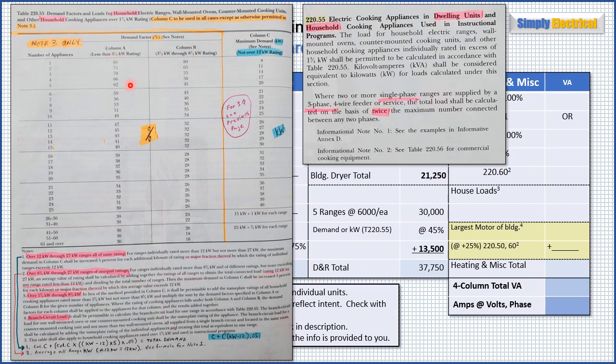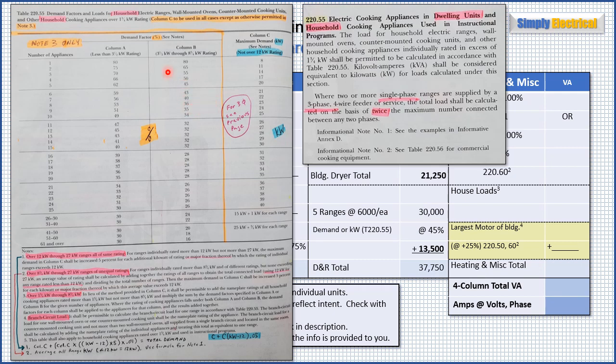Now, the second part of that says if you have multiples and they fall in both categories, like let's say you have 2 appliances that fall under column A and 2 that fall under column B, then you will use 75% demand factor for the 2 in column A, 65% demand factor for the 2 in column B, and then you add the 2 values together to get your total kilowatt rating.